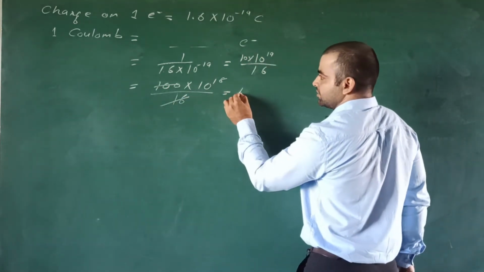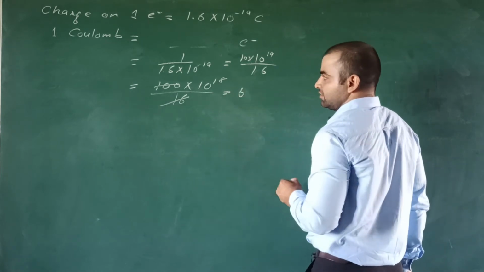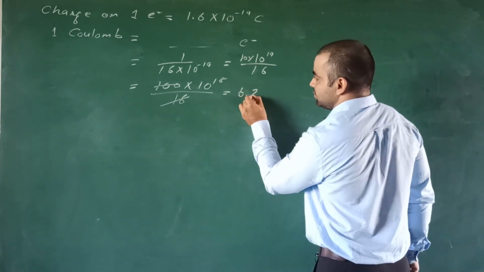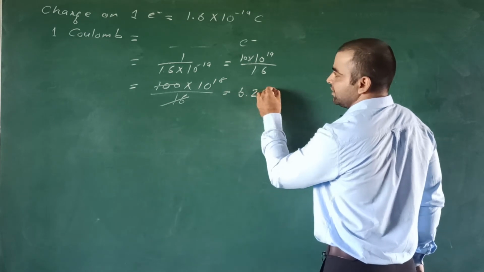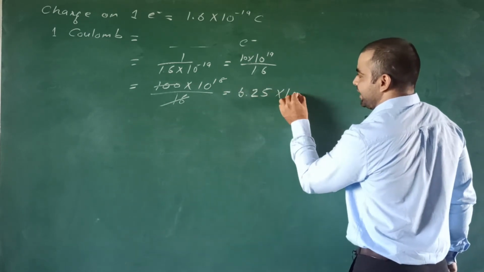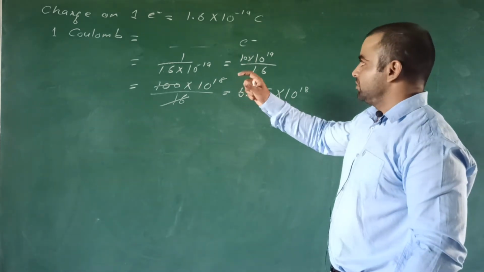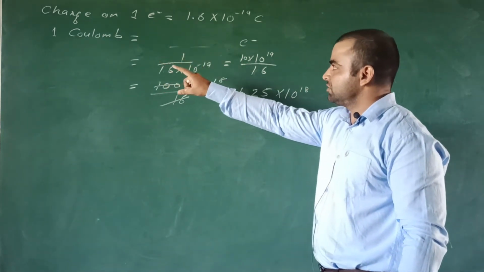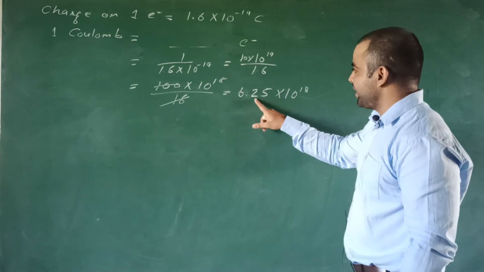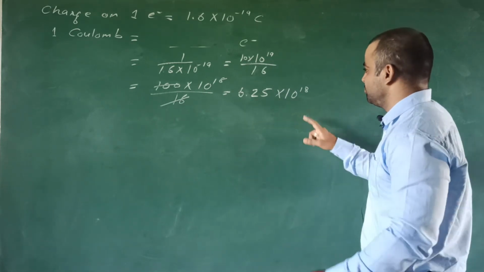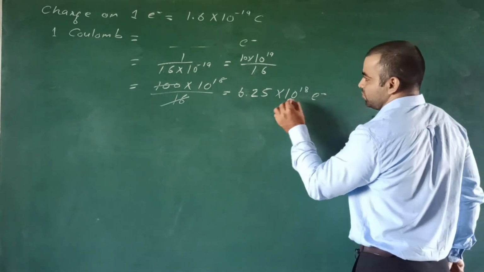Dividing, we get 6.25 into 10 raised to power 18. So 1 coulomb of charge has 6.25 into 10 raised to power 18 electrons.